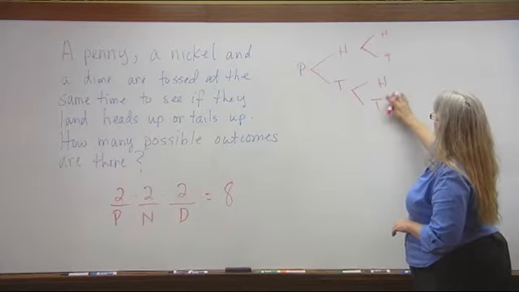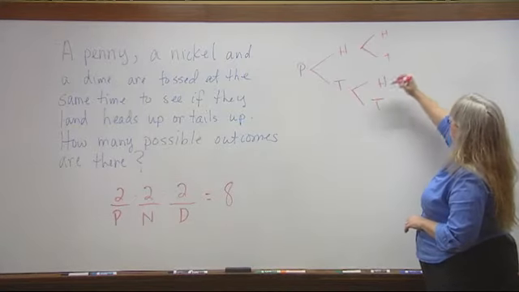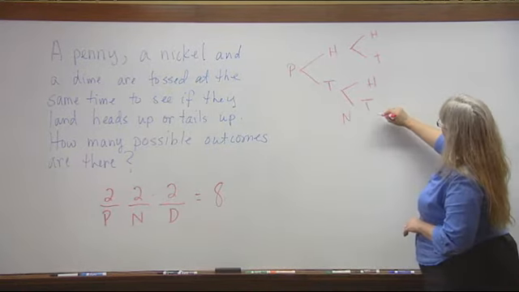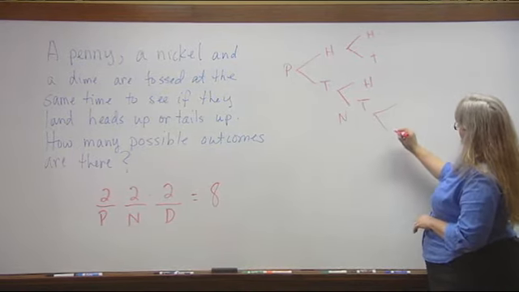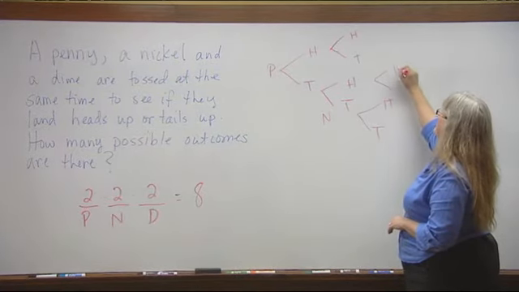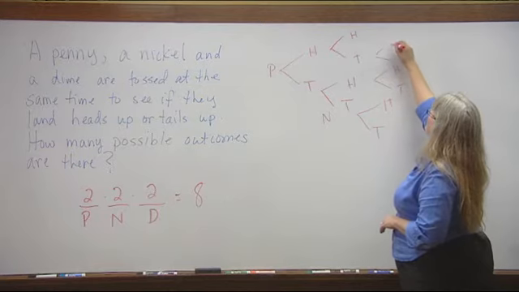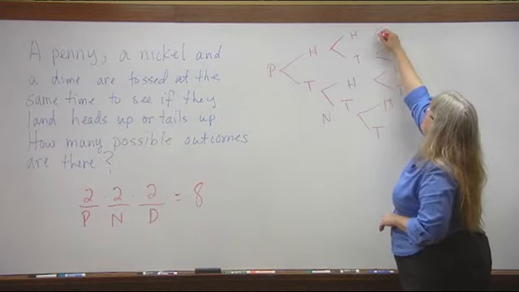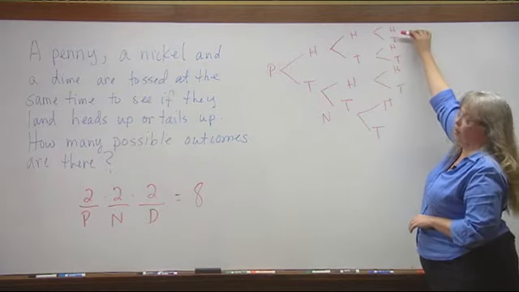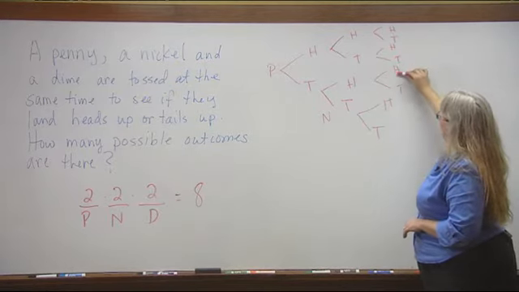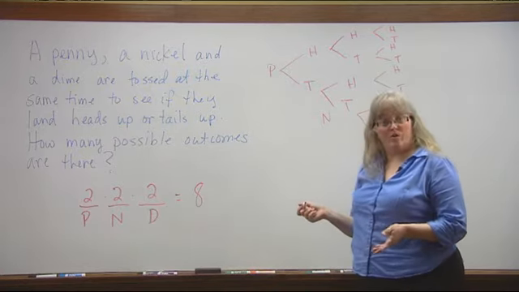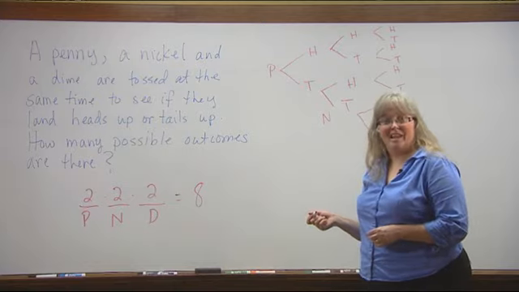Whoops, that's not a very good T. So this is our penny, this is our nickel, and then our dime. For each of these possibilities, we could do heads or tails. For a total of, if we count out all our branches, 1, 2, 3, 4, 5, 6, 7, 8 different possibilities. You could also make an ordered list with the same kind of information.